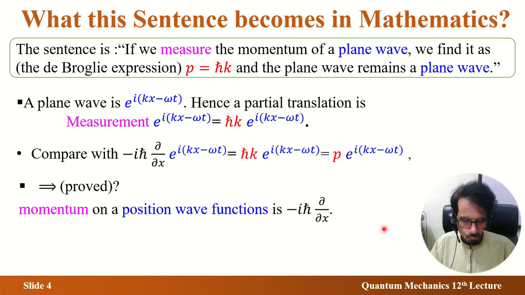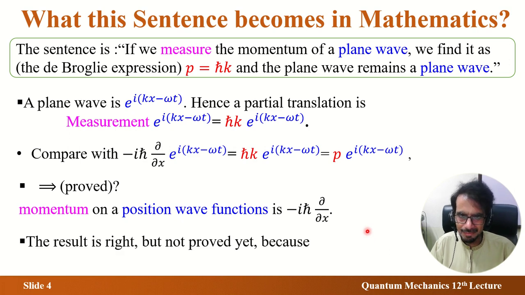But those of you who want to see only the result can stop here. I've shown you the origin of the result. The result is right, but those who want a standard proof should complete this lecture, because the proof is not completed.